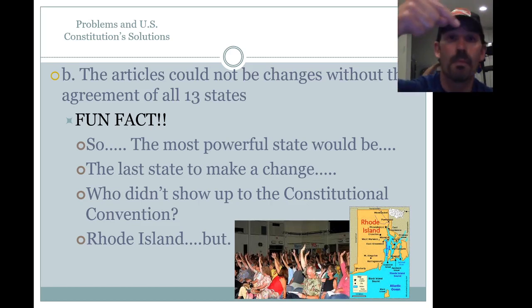They stayed home because they thought they would be the most powerful state. But they weren't. Because when they got to the convention, instead of amending the articles, they decided to rewrite the articles. So Rhode Island went from being the most powerful, that 13th state, to absolutely insignificant because they weren't at the convention to rewrite. Cool thing. That's why they didn't show up. They wanted to be powerful. But they weren't. They were out.